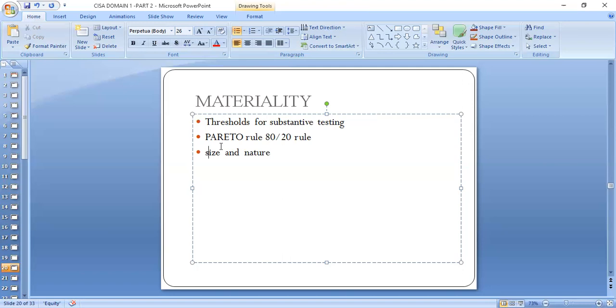There are some transactions that might not be very big in terms of size, but the nature may be questionable. So the auditor needs to be watching out for the nature of transactions. Even though the transactions are not up to the materiality threshold, if the nature is questionable, apply professional skepticism. So you need to still ask questions. Okay.